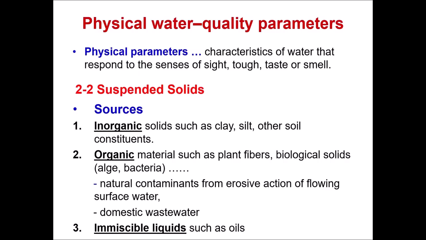This material may come from natural sources such as the erosive action of flowing surface water. They can also originate from human activities, especially domestic wastewater discharges. In addition, immiscible liquids such as oils and grease can also contribute to suspended solids in water.